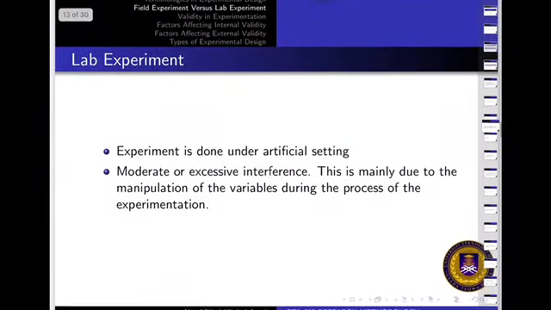While lab experiment is done under artificial setting. So you dah set up siap-siap dah. For example, you dah tahu dah there is a difference between performance between male and female. So you already decide the experiment conducting according to the gender.